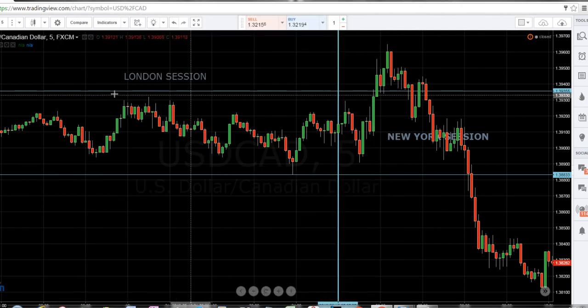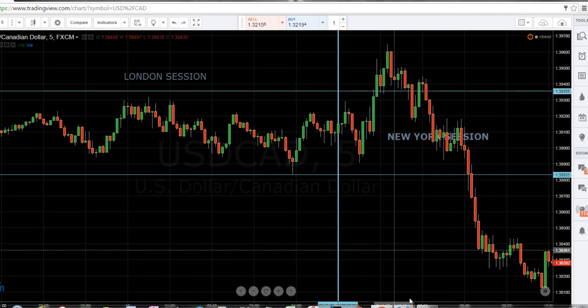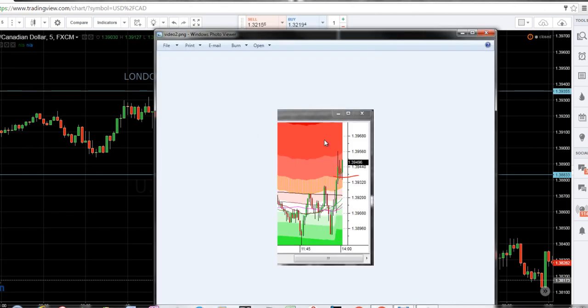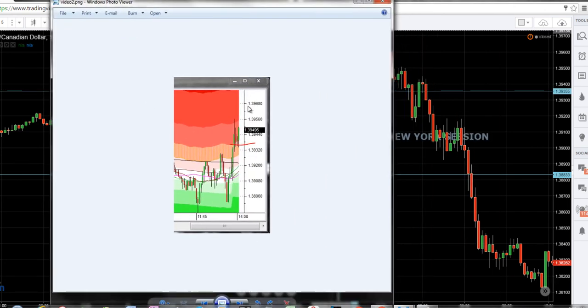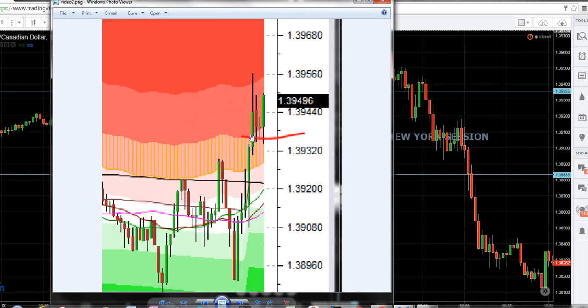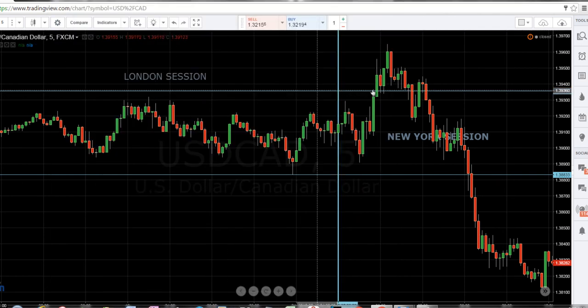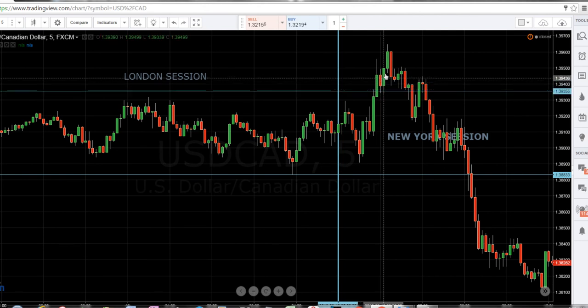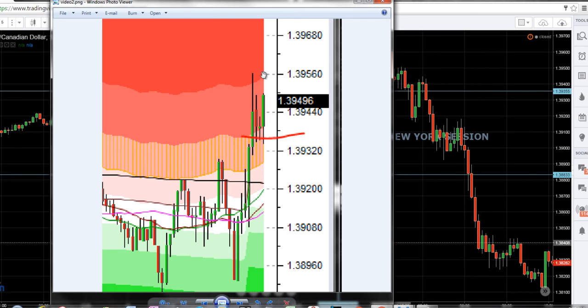Not just that, but it also took out the highs of the London and Asia session. After it took out the highs, as you can see, I was able to get in right where the structure of this high was and ride it back up, just enough to get the points that I want.